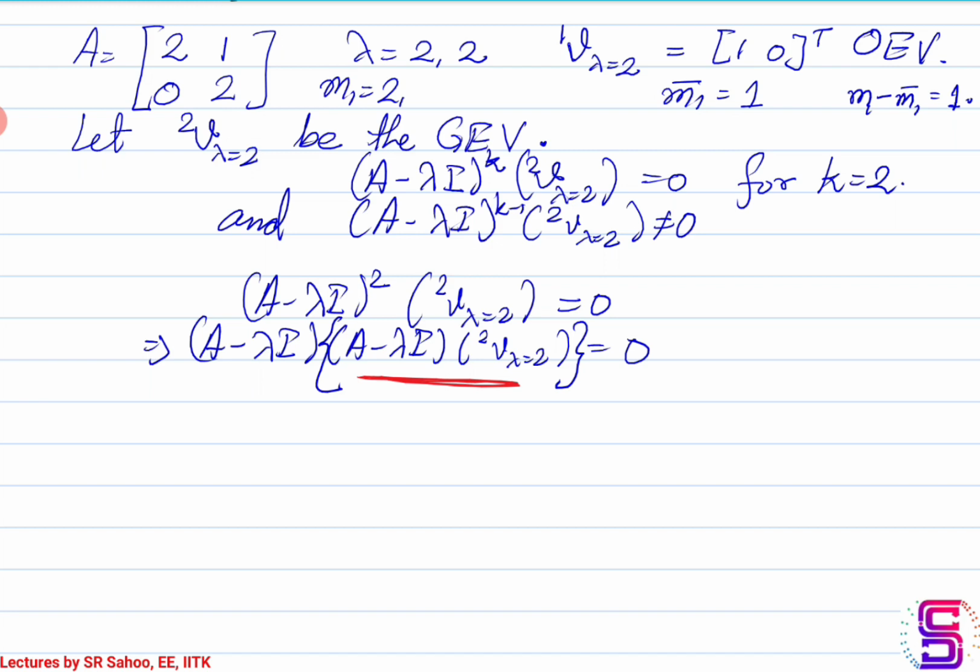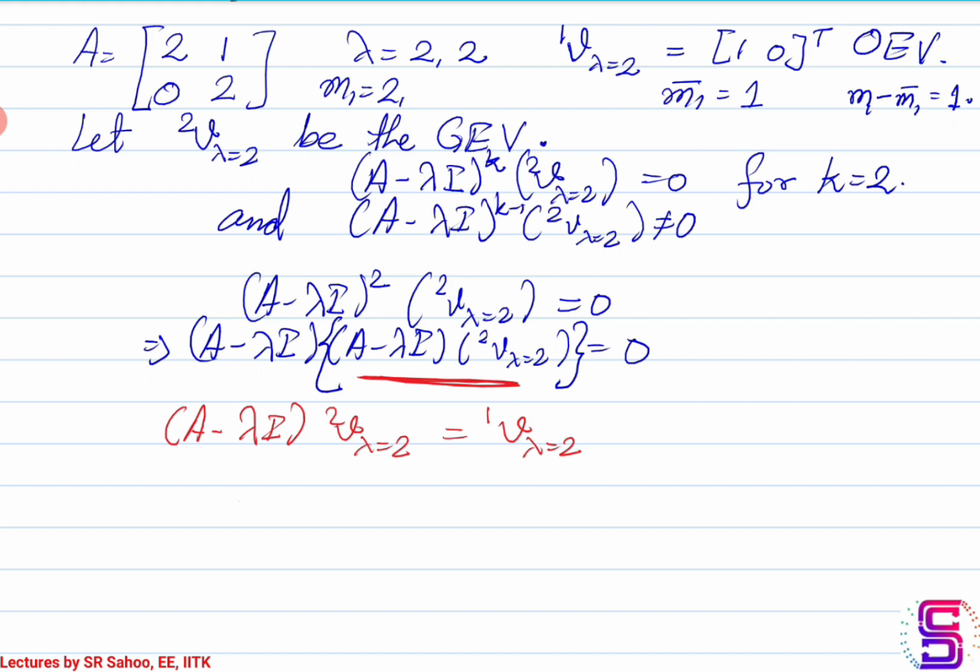Okay, so one solution to this generalized eigenvector is that if I take A minus lambda I multiplied by this to be equal to the ordinary eigenvector that I have in hand. Agreed?